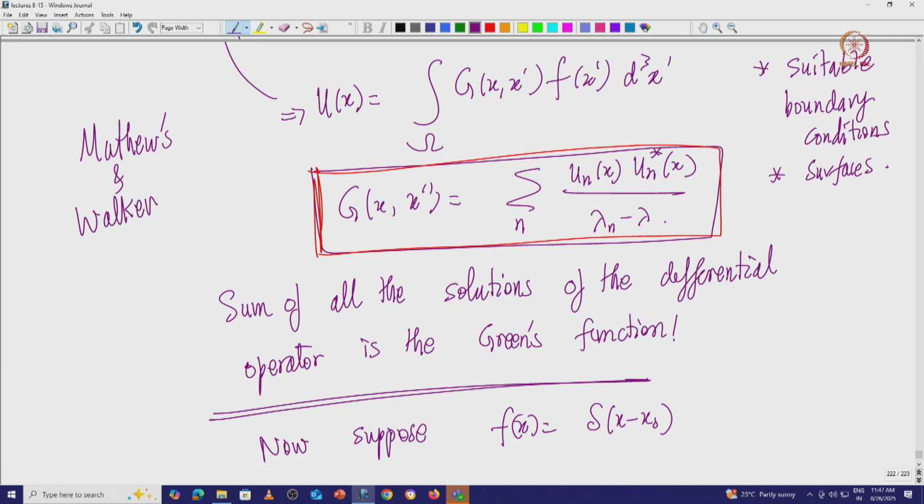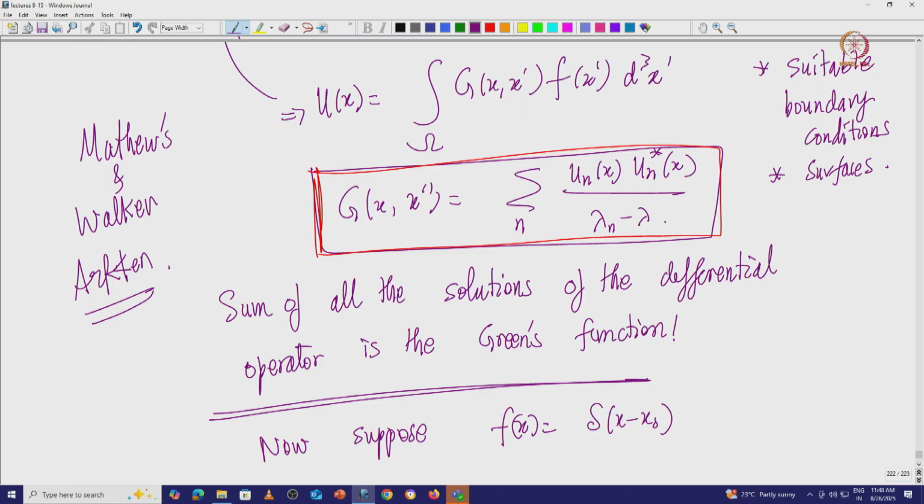Mathematical physics, Matthews and Walker, and you can also find it in Arfken, when you are reading about Green's functions. So you can show that the Green's function is nothing but the sum of all the eigenfunctions of the differential operator. Sum of all the eigenfunctions.